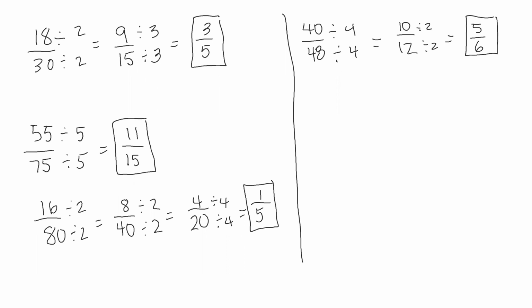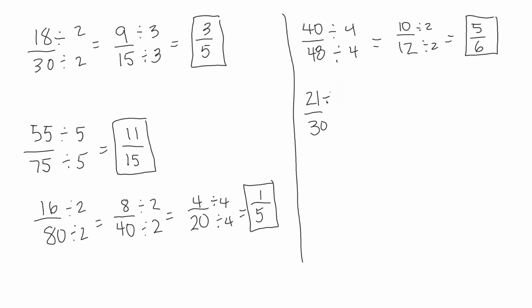Let's try 21 over 30. Now, another one of the divisibility rules is for 3, and it says if the sum of the digits is divisible by 3, then that number is divisible by 3. So let's look at 21. If I add 2 and 1, I get 3. 3 is certainly divisible by 3. If I look at 30, I add those two digits. 3 plus 0 is 3. 3 is divisible by 3.